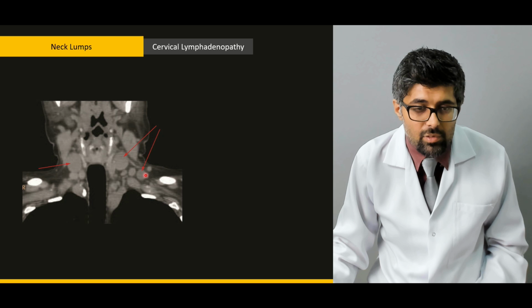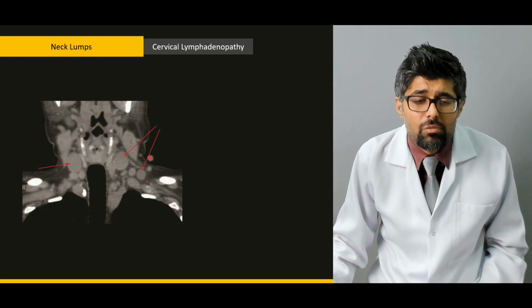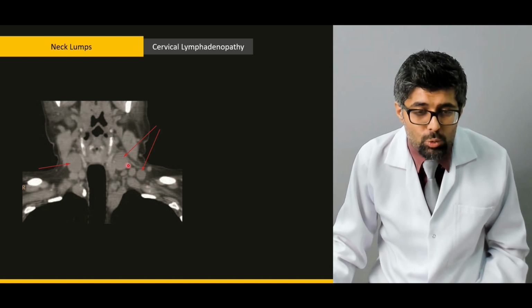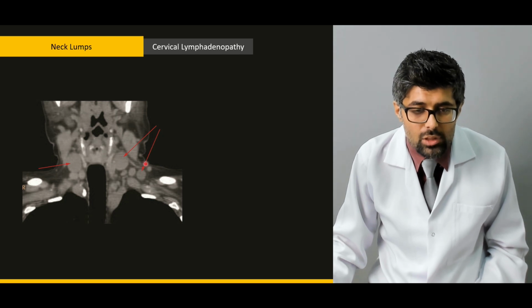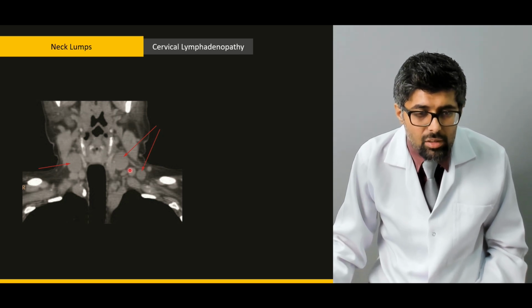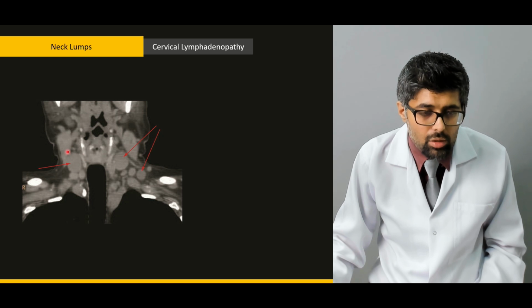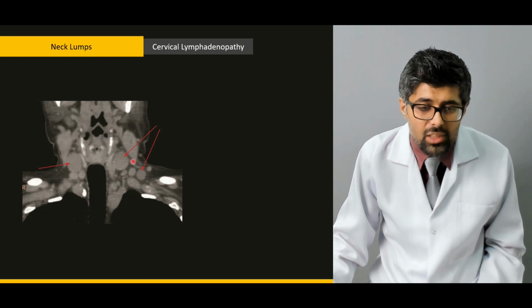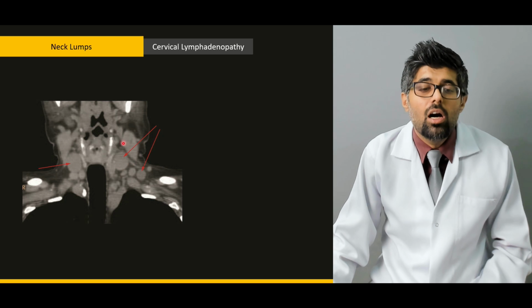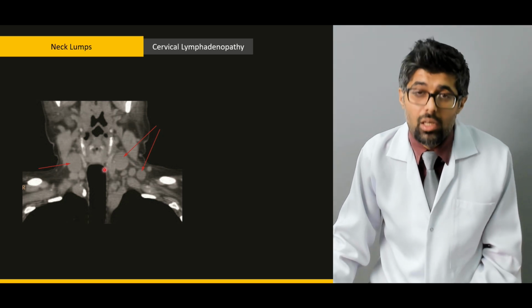Here we have an axial CT scan which shows the cervical lymph nodes. Now these two cervical lymph nodes along with this one on the right side and this one on the left side are swollen. They're enlarged.